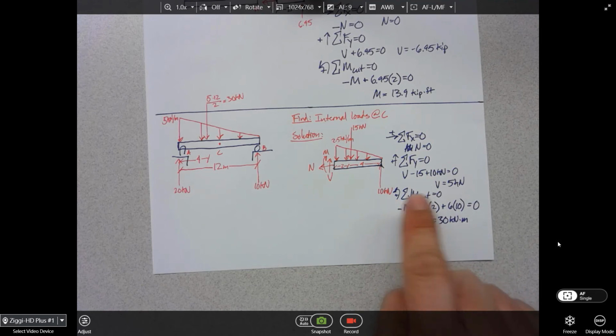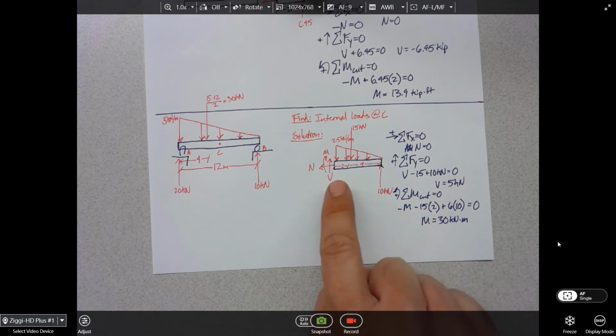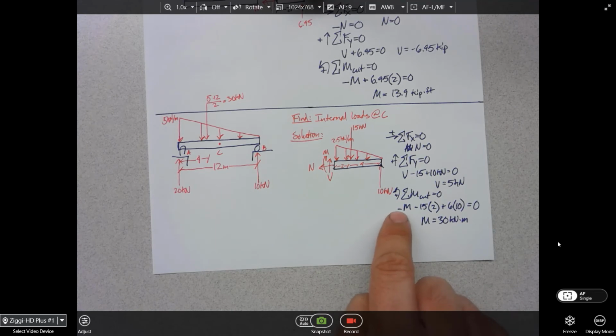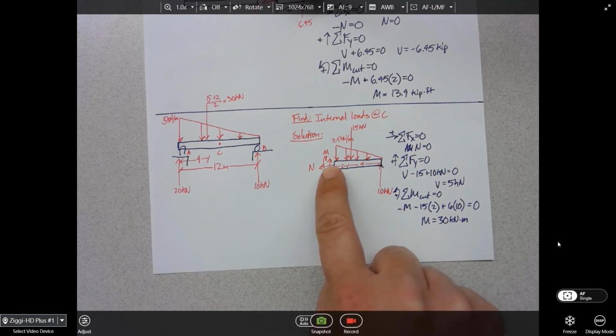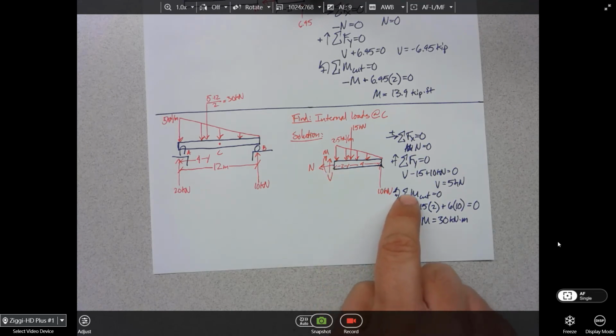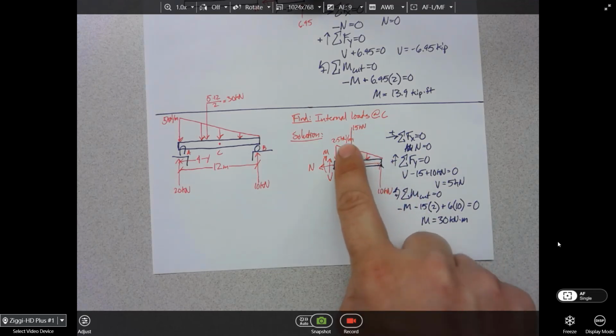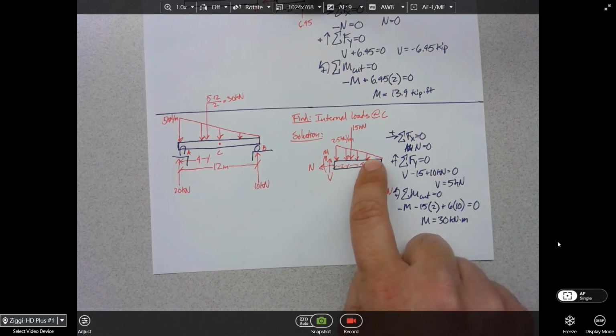When I sum my moments about the cut, the moment as I have it drawn there is negative. It'd be a positive bending moment on the beam, but it's negative when I choose my sign convention of counterclockwise being positive. So negative moment minus 15 times 2, because 2.5 times 6 is 15, I think.